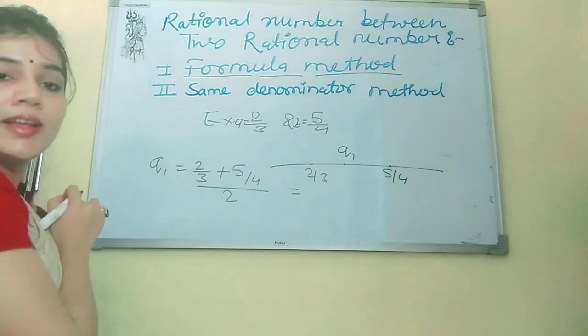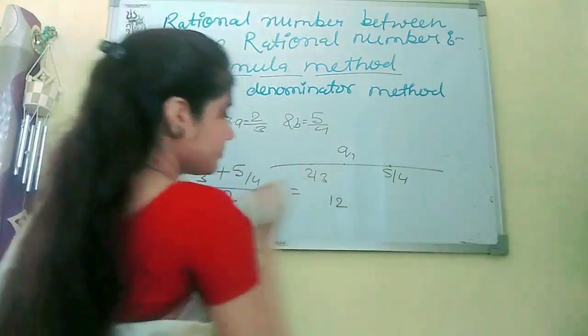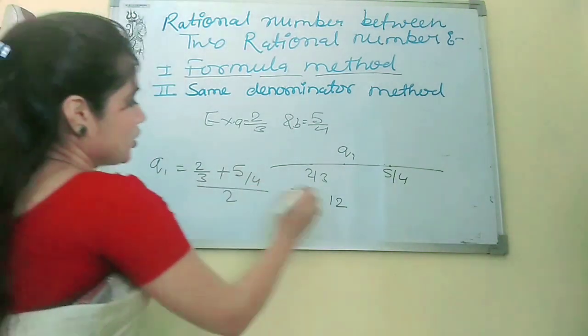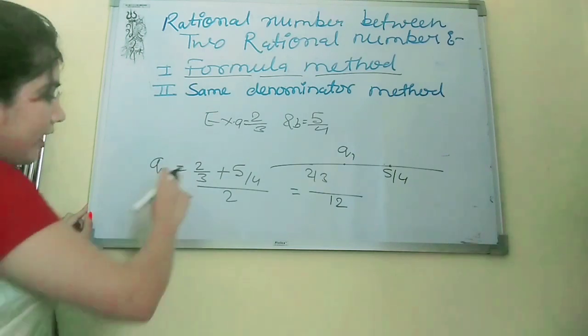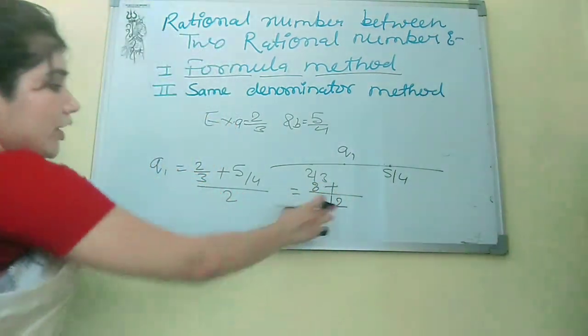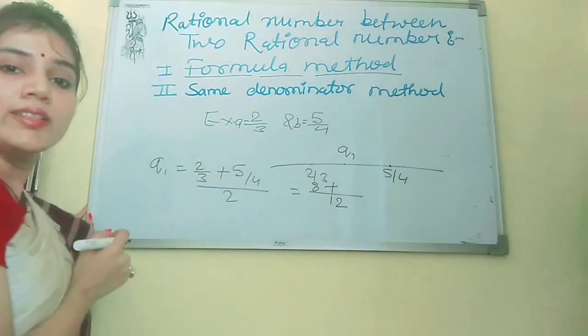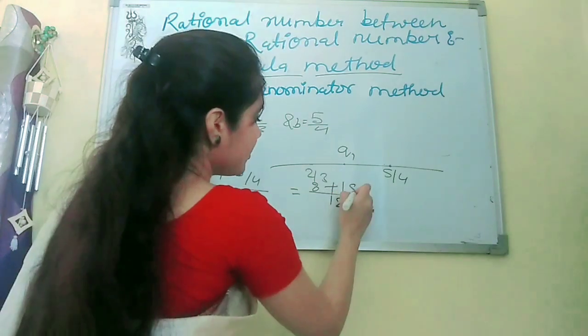First we have to take the LCM of 3 and 4. What will be the LCM? This is 12. So we divide 12 by 3. What do we get? 4. And multiply 4 by 2. It is 8, plus. Divide 12 by 4, 3. And multiply 3 by 5. It's 15.